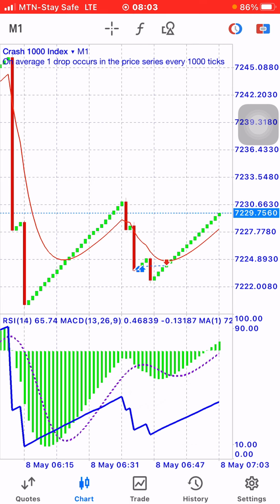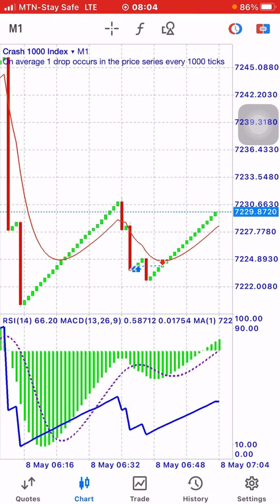But if you have maybe $100 or $120, you can use lot 0.3, 0.4, 0.5, or even lot 1. But it also depends on what you are willing to lose and the equity of your account.